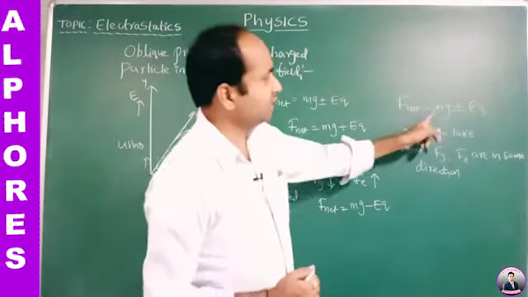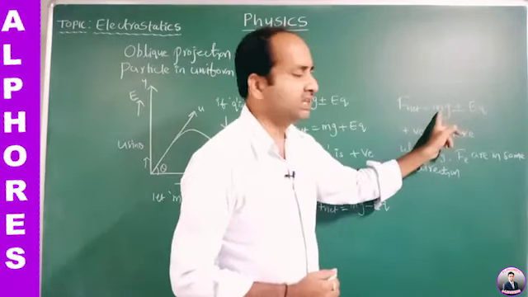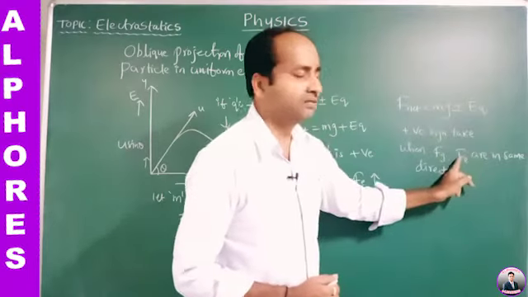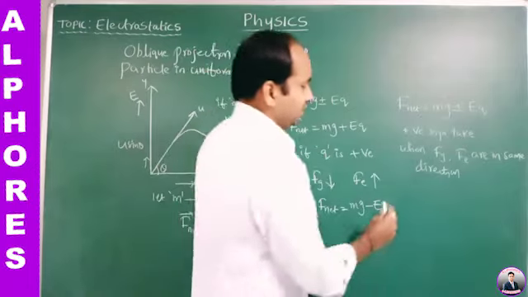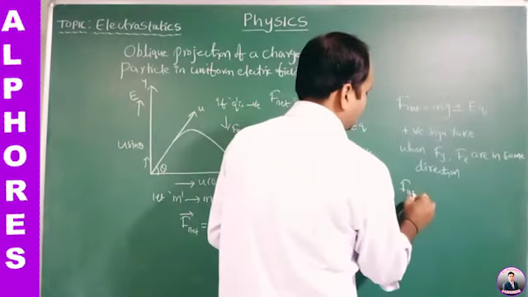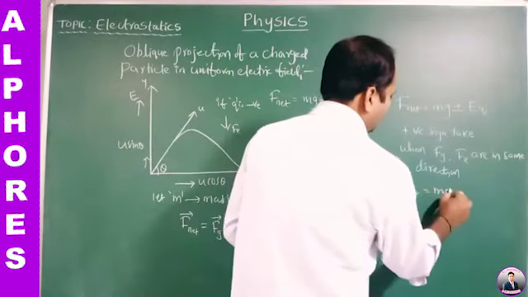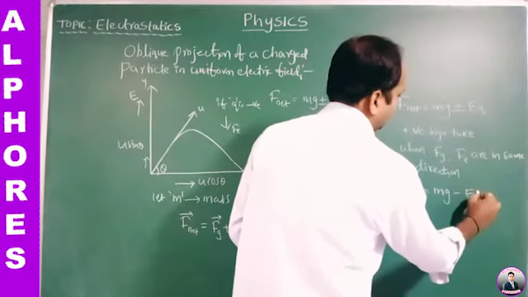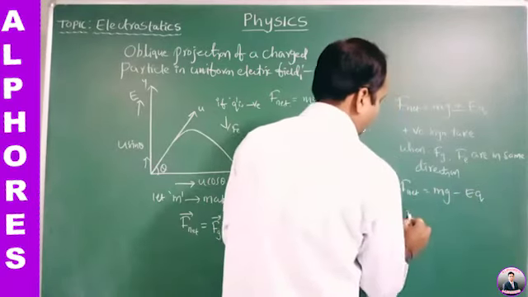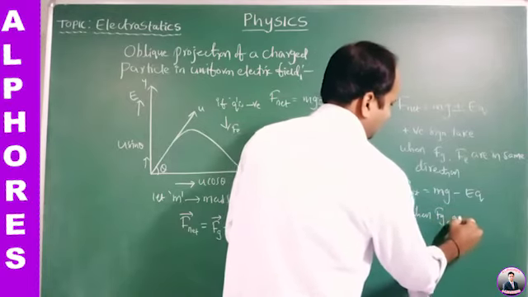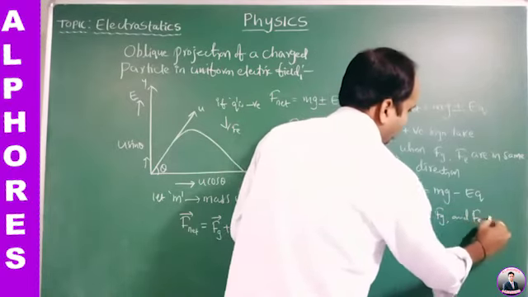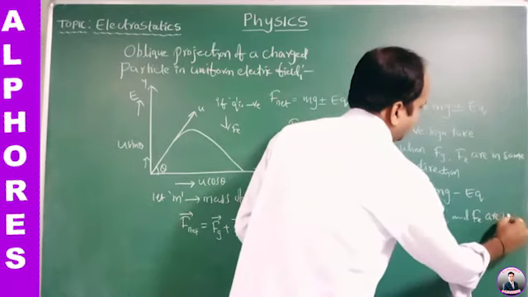Mg means gravitational force, Eq means electric force. If these two are in the same direction, we take the positive sign. And F net is equal to mg minus Eq when Fg and Fe are in opposite directions.